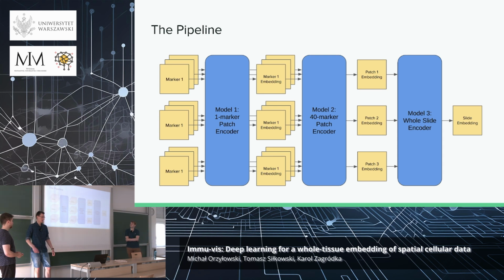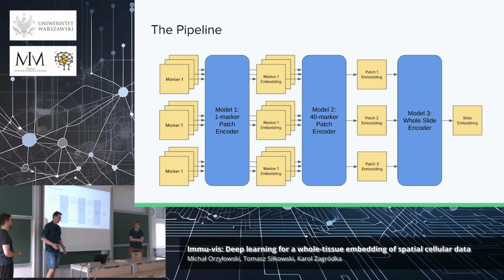First we have single markers of single patches, which are cropped from whole IMC slides. These markers are encoded by the first encoder, and then the second encoder takes all marker embeddings for a single patch, combines them, and produces an embedding for the whole patch, and then the third encoder combines all these patch embeddings into an embedding of a whole slide.